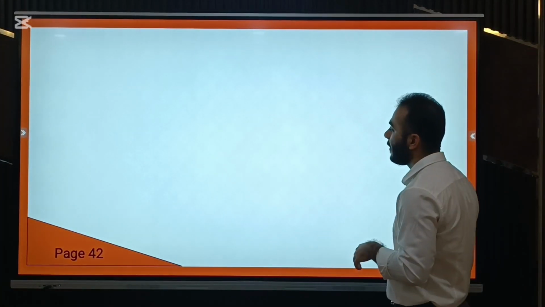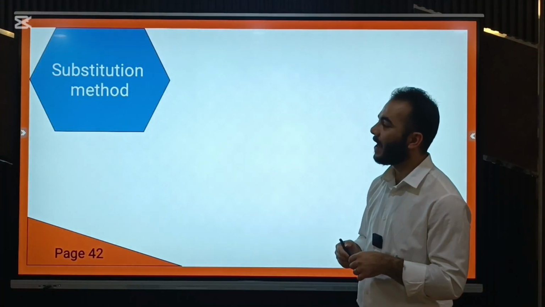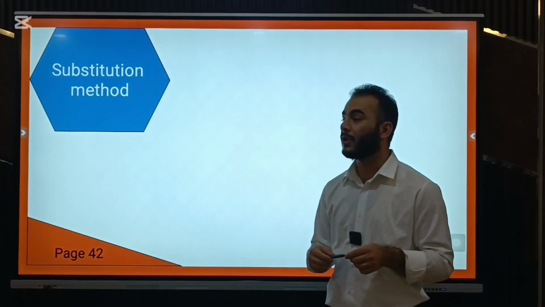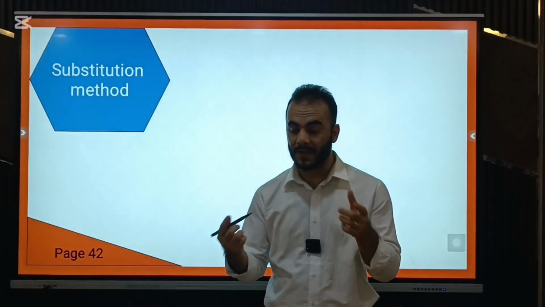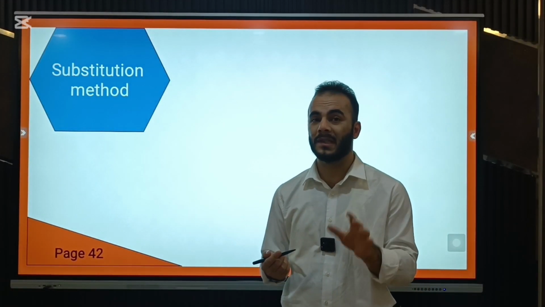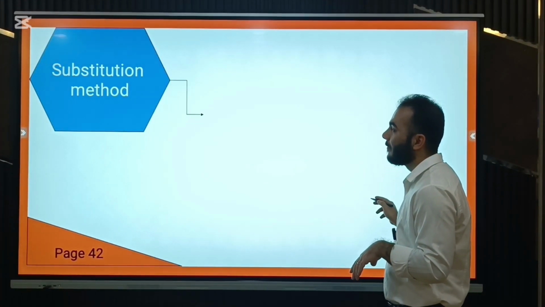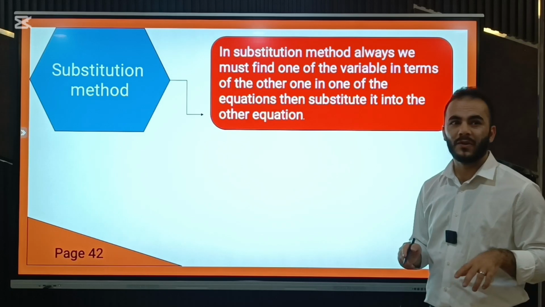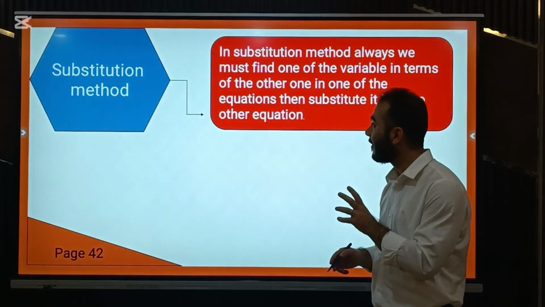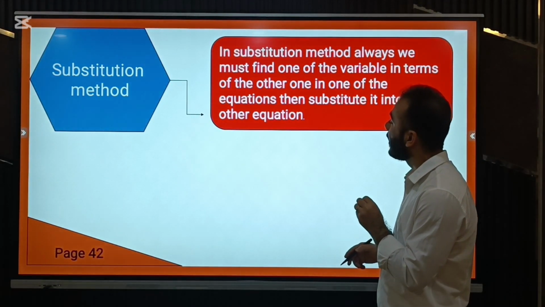So on page 42, we have something regarding the substitution method. The explanation of the substitution method is on page 42, giving us a helpful explanation.